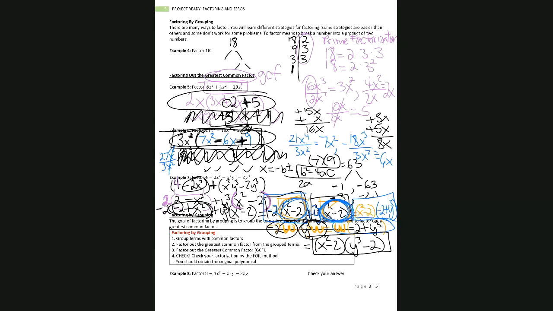Now, the steps for that factoring by grouping, which is what we just did, are listed there. So you group terms with common factors like we did here. We made a group with the 4 and negative 2x squared. We also made a group with the last 2 terms because they had factors in common. Then we factor out the greatest common factor like we did here.